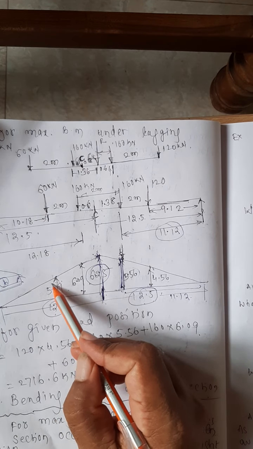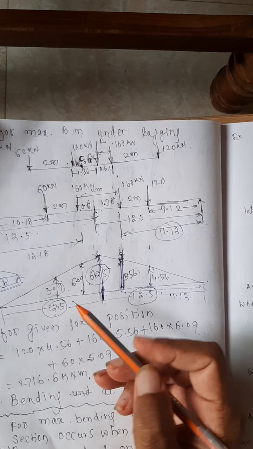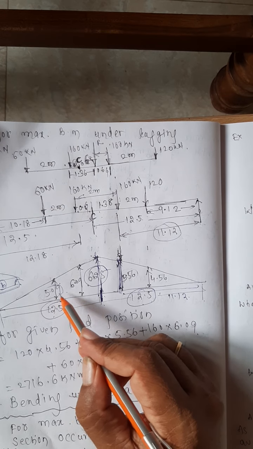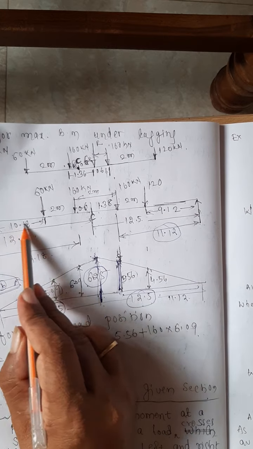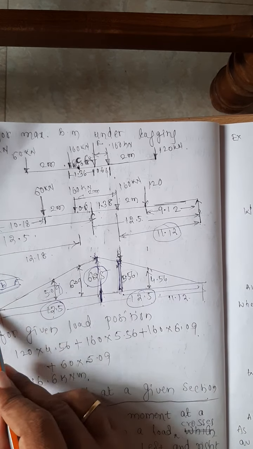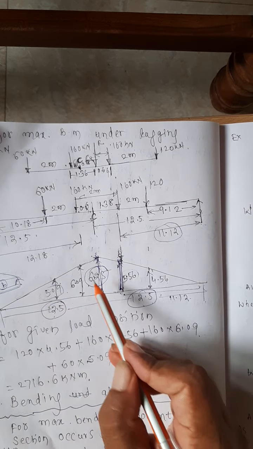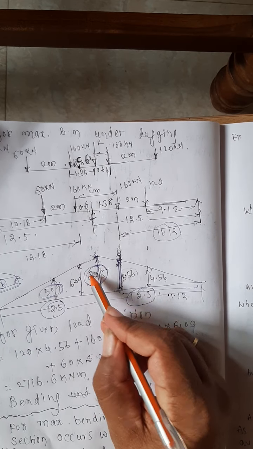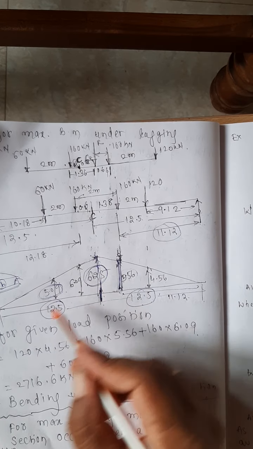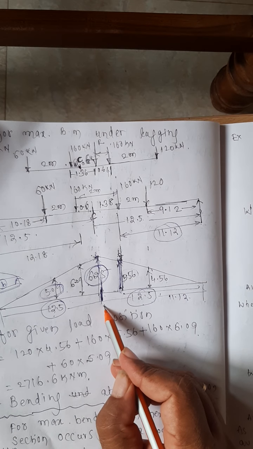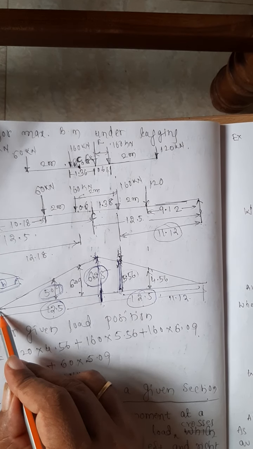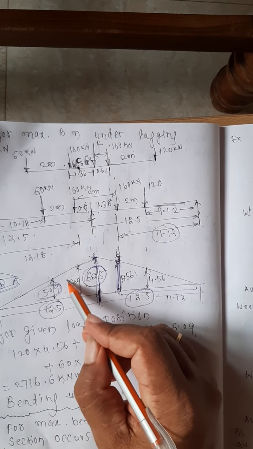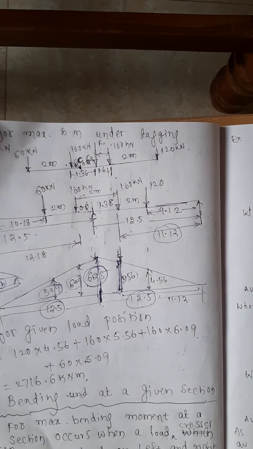It's alright. How did I get this 5.09? I just need to see where this particular load is located. This load is located at a distance of 10.18 from this end. Earlier I did not know this one, but now I know it. From this, what I am doing is 6.25 divided by 12.5 into 10.18 will give you this number. Like that, you can calculate this number also.